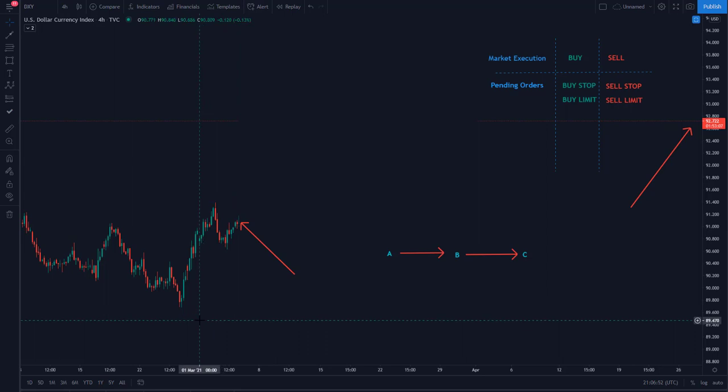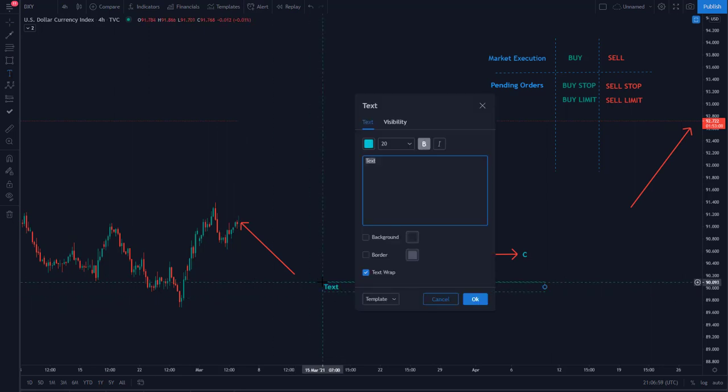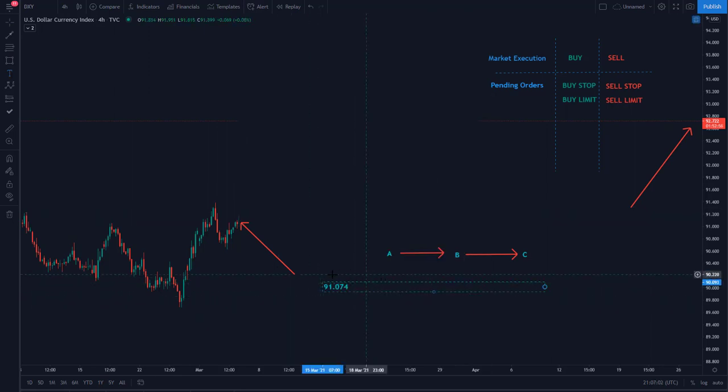Let's assume your current market price is here at 91.074. Okay, example. And then you've done your technical analysis, probably compared with some fundamental analysis news, and you're expecting the dollar to get stronger.